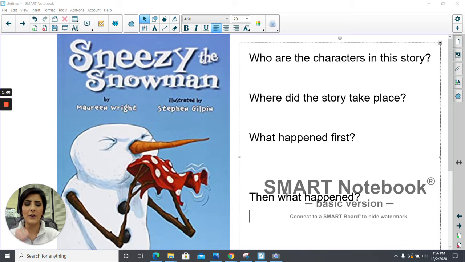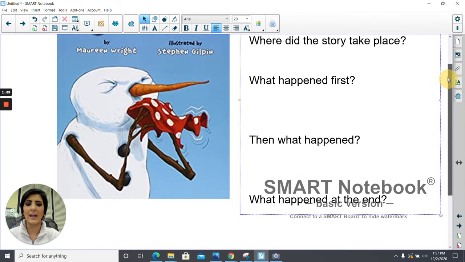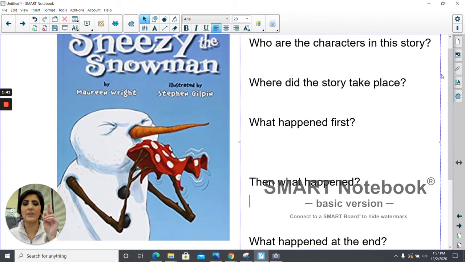So today we're going to focus on Sneezy the Snowman and talk about just the story structure. We're going to talk about the characters, where the story takes place, and 3 events, what happens first, in the middle, and last. So let's take a look at the beginning of our story. In the story, we have our characters.